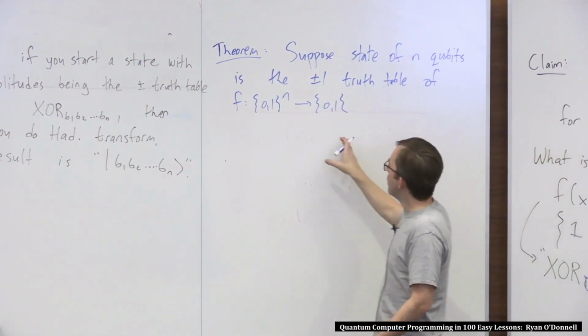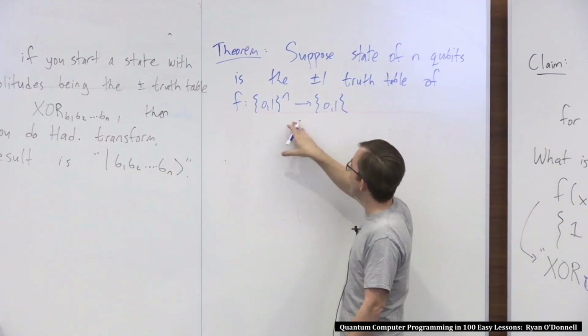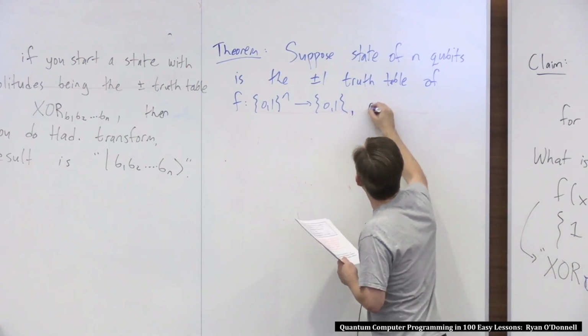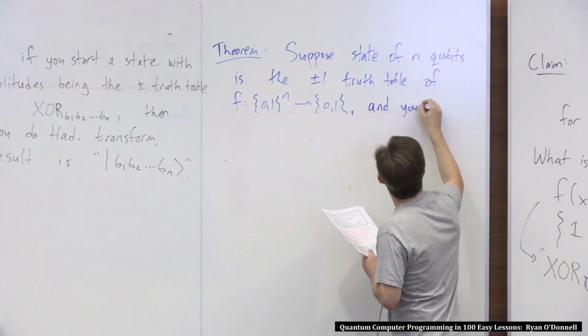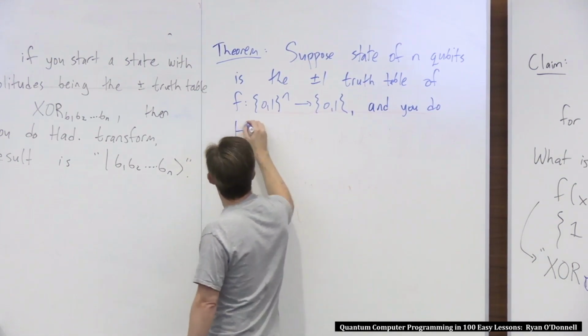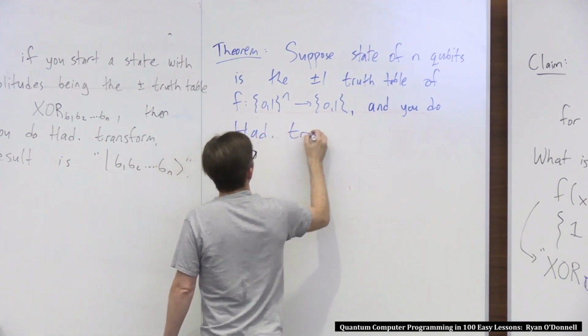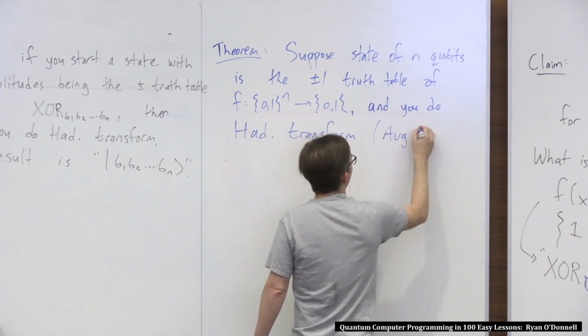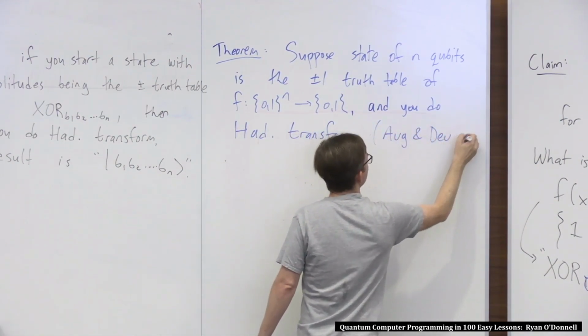In other words, the state is what you would get if you first made the uniform superposition and then you did if f then minus. And then you do this Hadamard transform, which means in quantum notation average and deviation all.